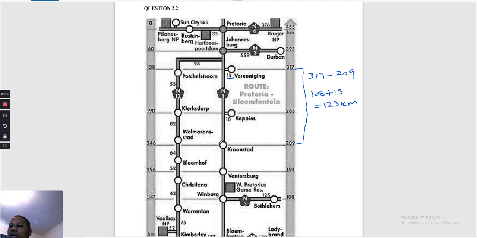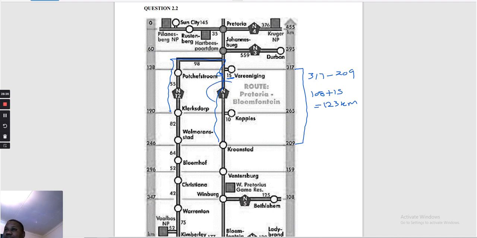So he'll move from here. He will move from here up until here. Then from here, he must go to Klerksdorp via Potchefstroom. It means that he's not going to come back, but he must continue this side, pass Potchefstroom, and come to Klerksdorp. Okay, so which route will he use?